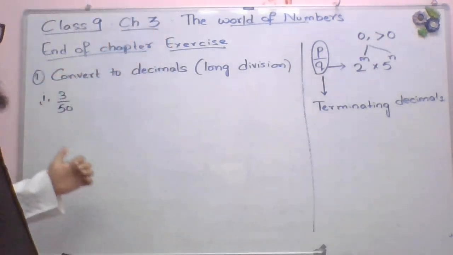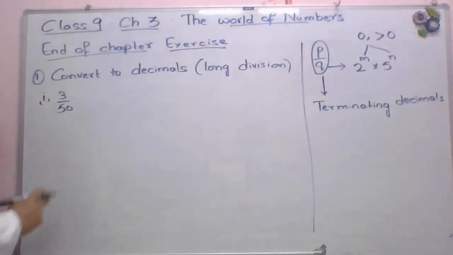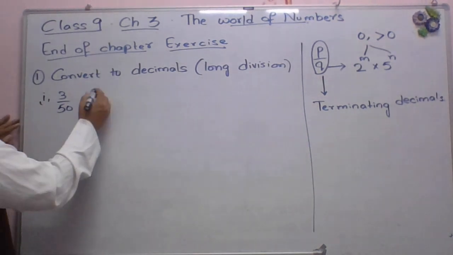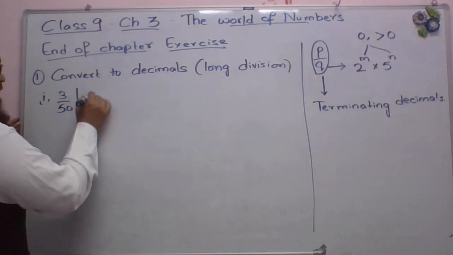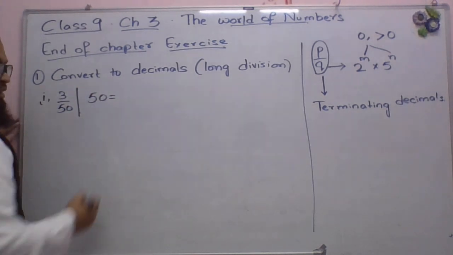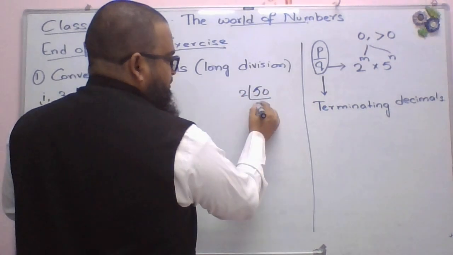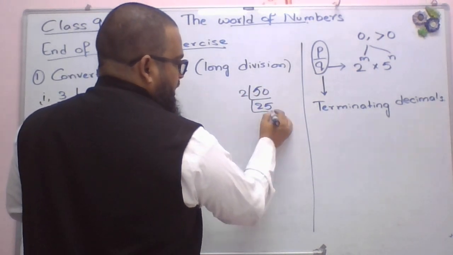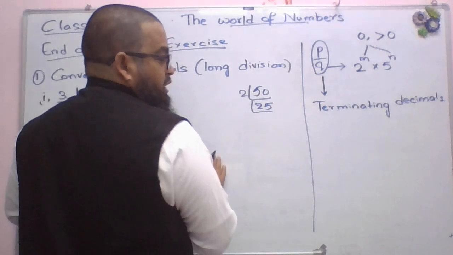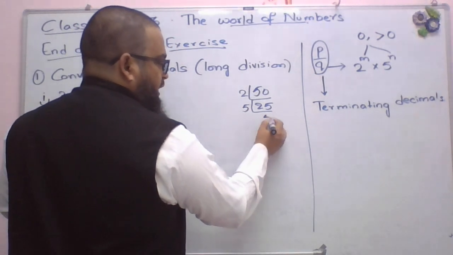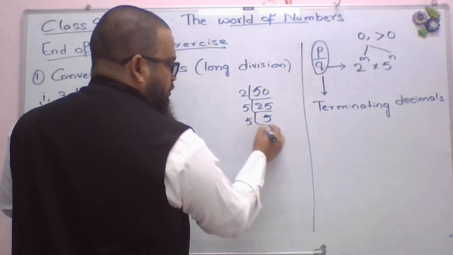Okay. So now let us see 3 by 50. Now prime factorization of 50. How will you do? 2 how many times? 25 times. And the next prime number is 3. It will not divide. So 5 times, and 5 1 time.